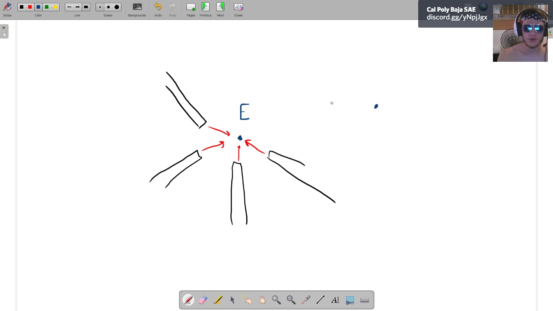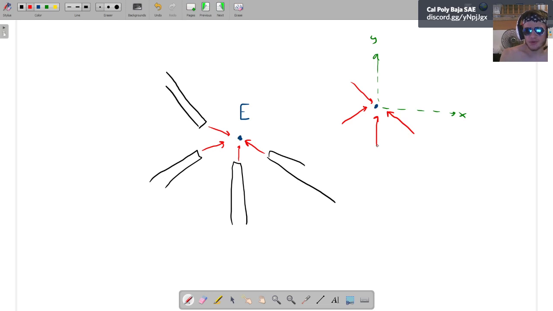Draw our quick and dirty free body diagram. This is X, this is Y. And we've got 1, 2, 3, 4. That points to the point.